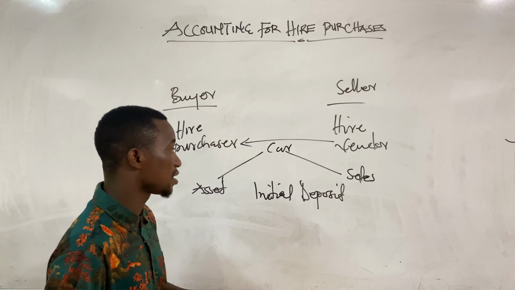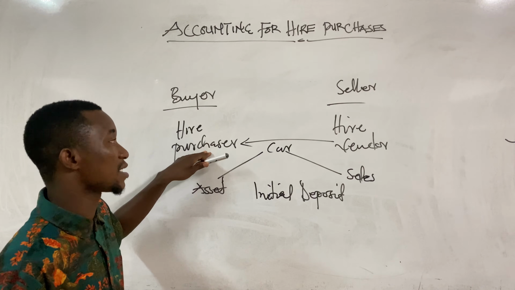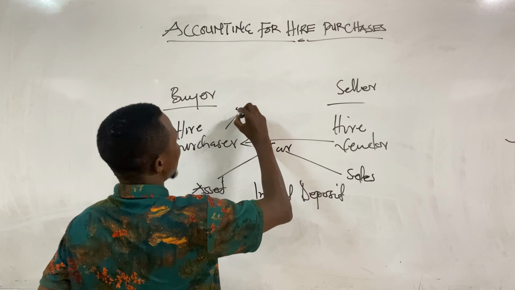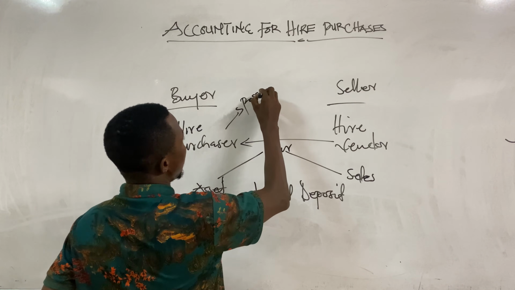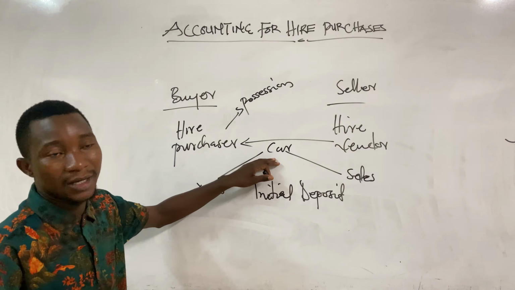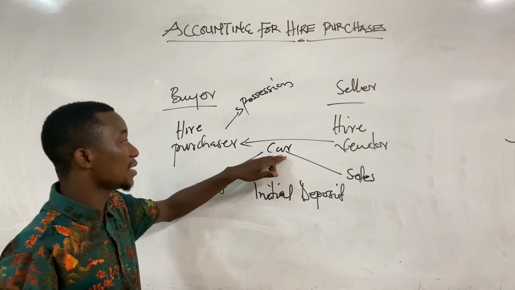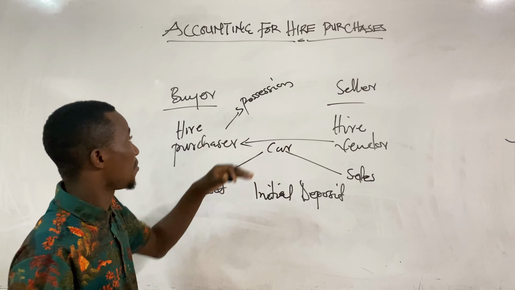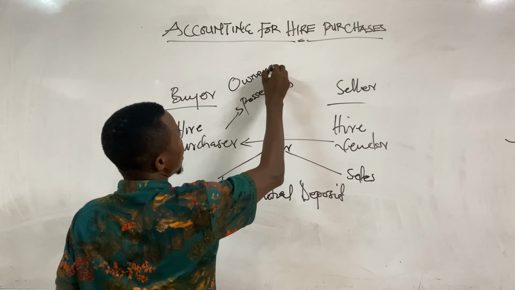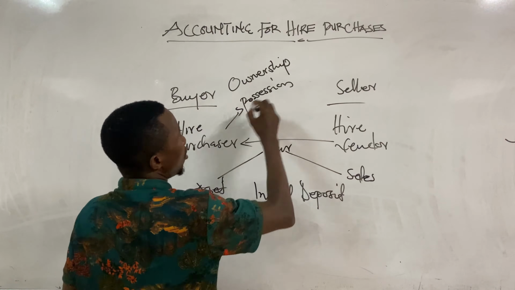After the initial deposit has been made, the hire purchaser will at that point in time get possession of the asset, that is the car. The hire purchaser will immediately get possession of the car, but will not get the ownership of the car.